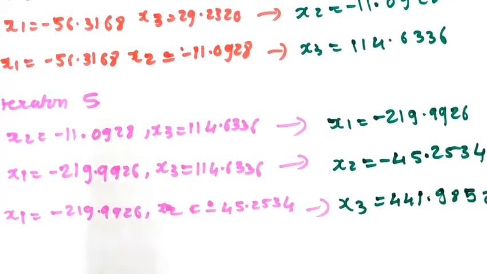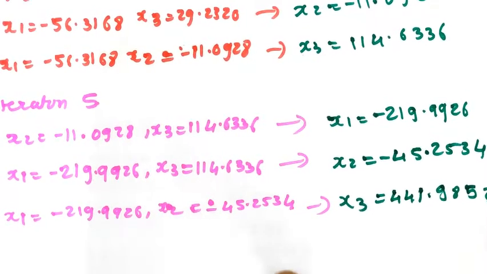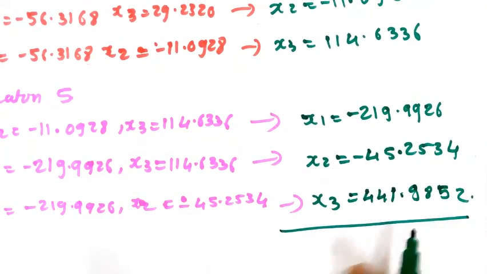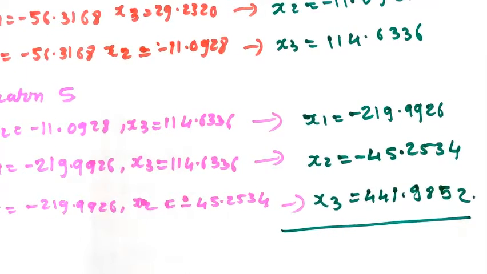So these are the required values of x1, x2 and x3 that we have got for iteration number 5.